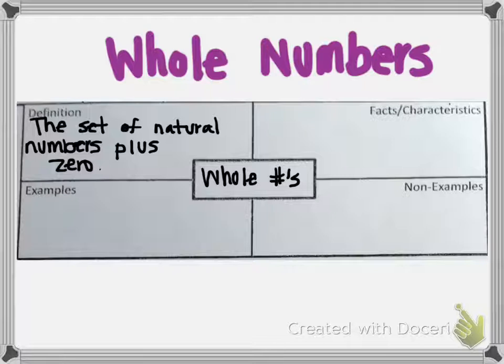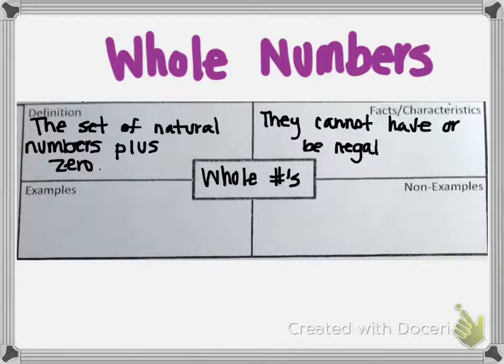A fact or characteristic about whole numbers is they cannot have or be negative. Examples of whole numbers, we're going to just do a number line.